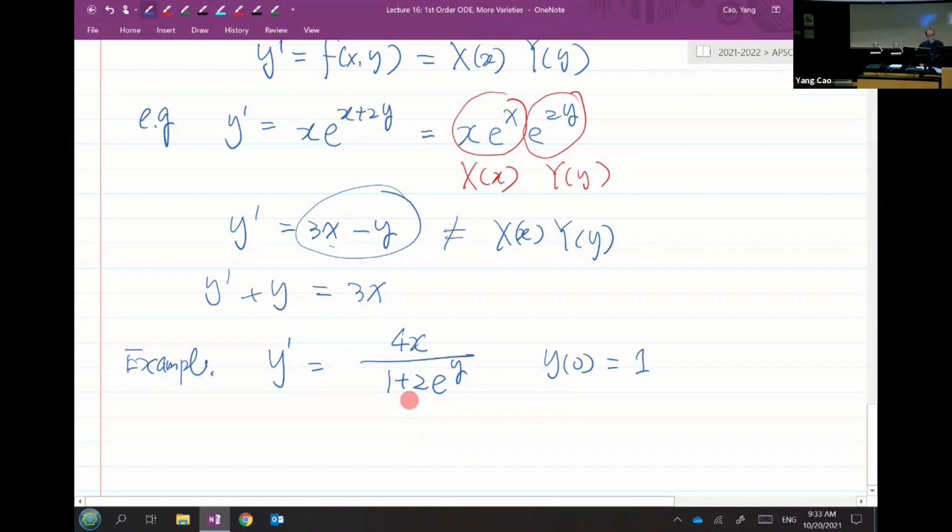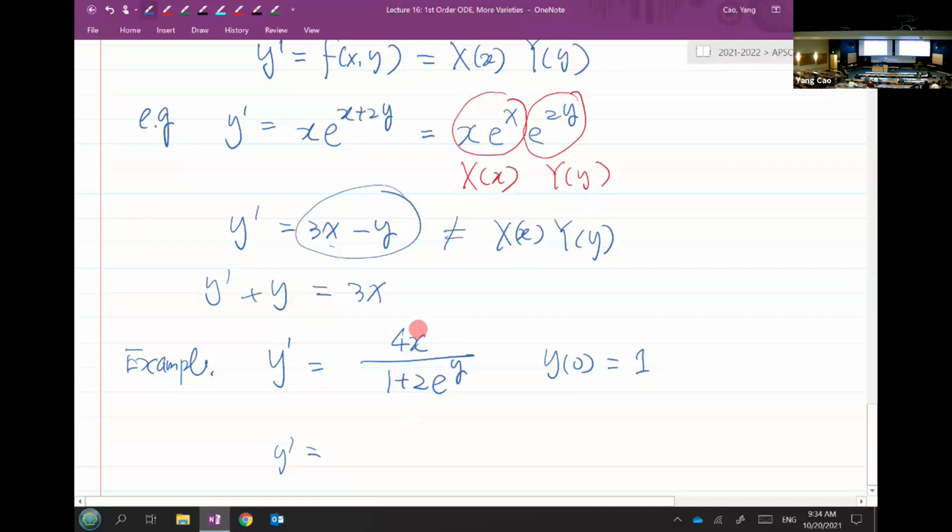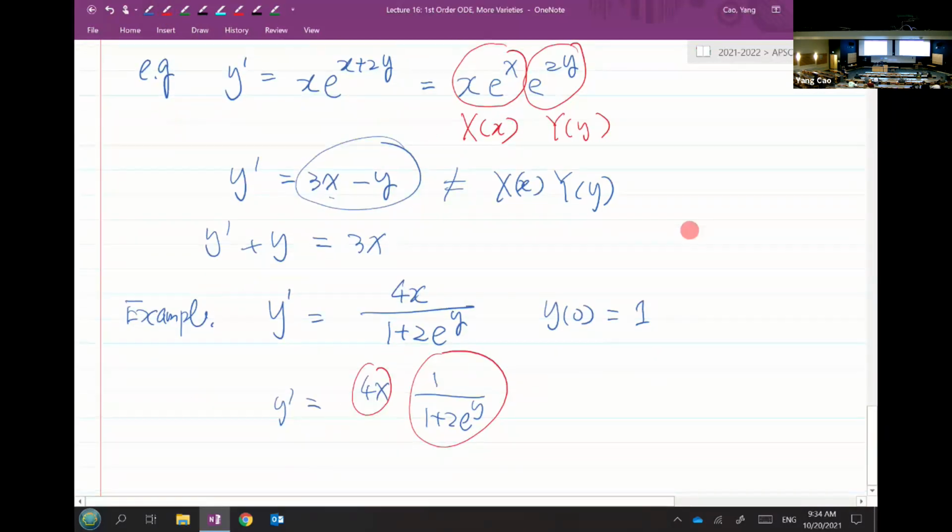We haven't learned other types yet. So then we ask, is this an equation that we can separate, with one part on the left and one on the right side? You can take a look at it. Separating here, I have 4x here, and this term here. So that's clearly a multiplication of two functions. One is a function of x, and the other is a function of y.